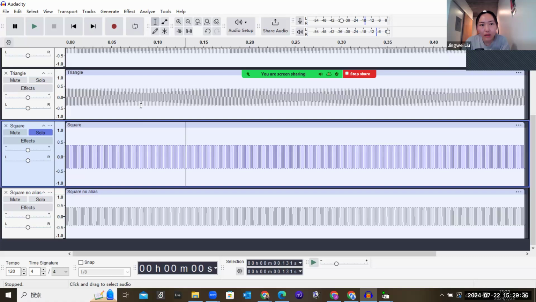But here in this tune, although it's a square wave, it sounds like it has artifacts, very harsh. This is because the frequency is folding over, and then it's no longer harmonic with the previous harmonics.